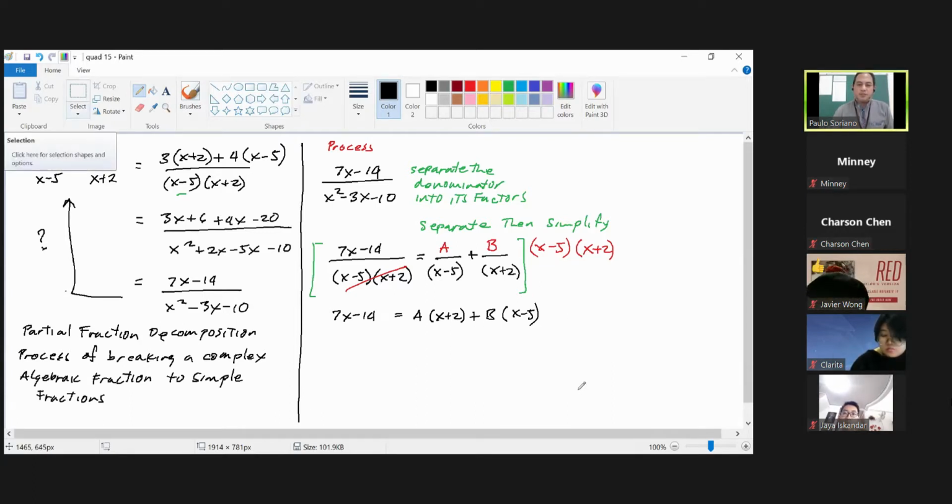Next, once you reach this point, we now need to find the values of a and b, and we're done. But how do we find values of a and b?